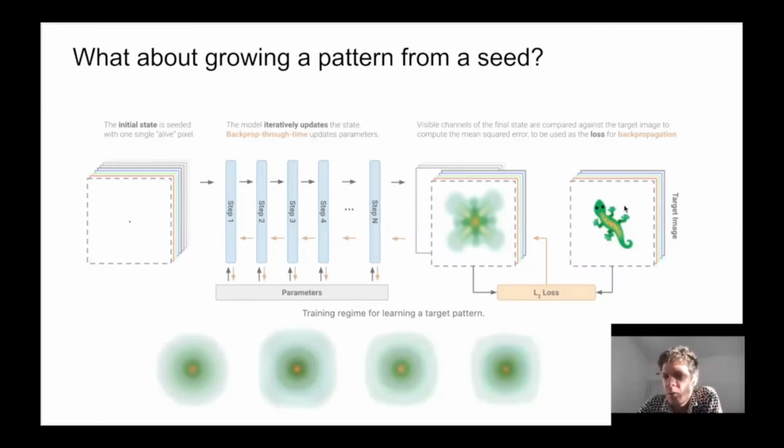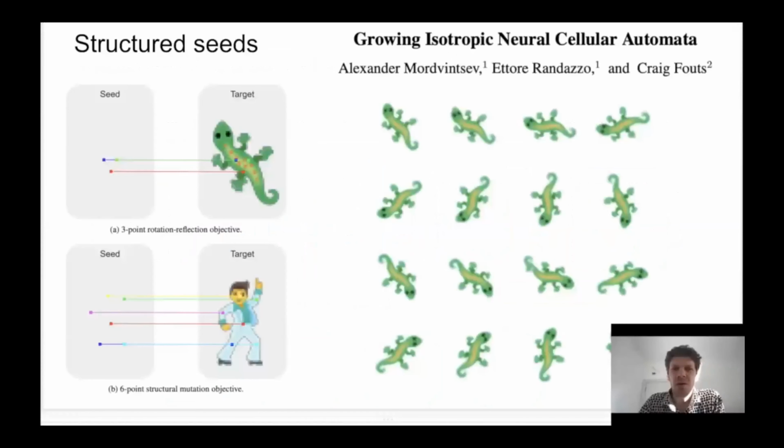But we want an isotropic system to grow the highly anisotropic target. So how do we do that? The first strategy that we propose in the growing isotropic neural cellular automata paper that we submitted to the ALIFE conference this year is based on using structured seeds.